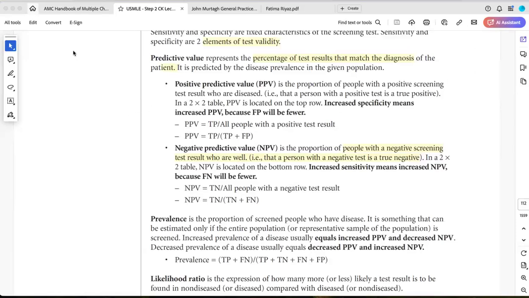Now, there are two other things, which are positive and negative predictive value. To find out the positive predictive value is basically the top row. So the top row decides the positive predictive value of a test. So it is the proportion of people with a positive screening test who are actually diseased.